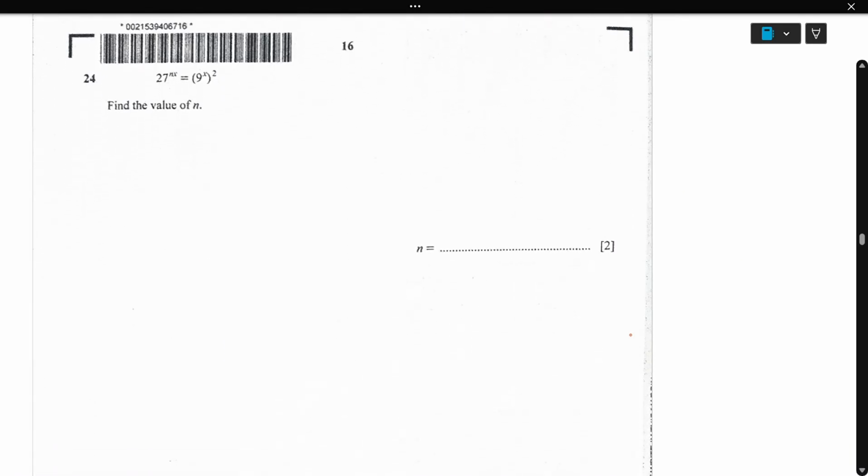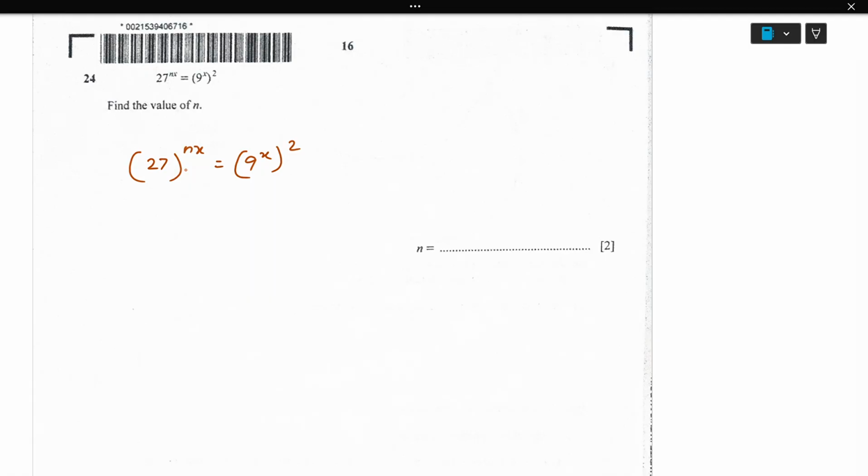Next, last question number 34. 27 to the power nx equal to 9 power x whole square. So we'll make the prime factors on both sides, which is 3 cube whole power nx equal to 3 square power x whole square. So now this is 3 power 3nx equal to 3 power 4x. We compare both sides. 3nx equal to 4x.